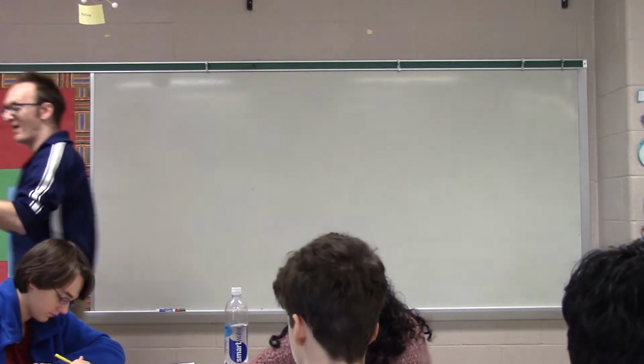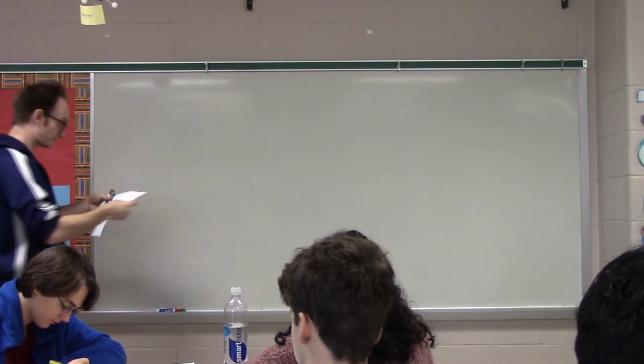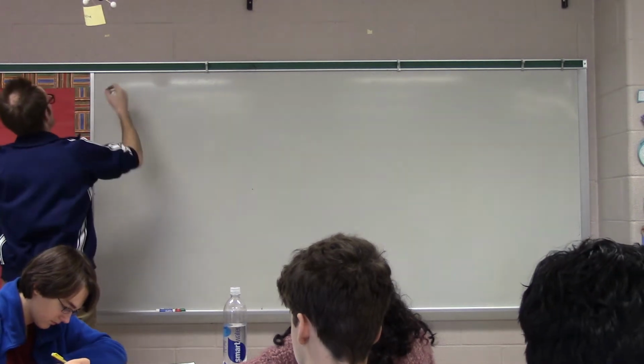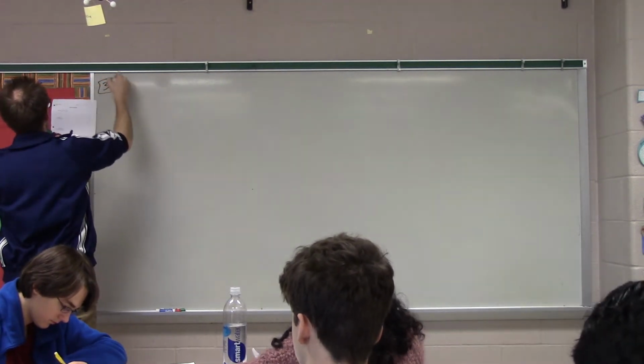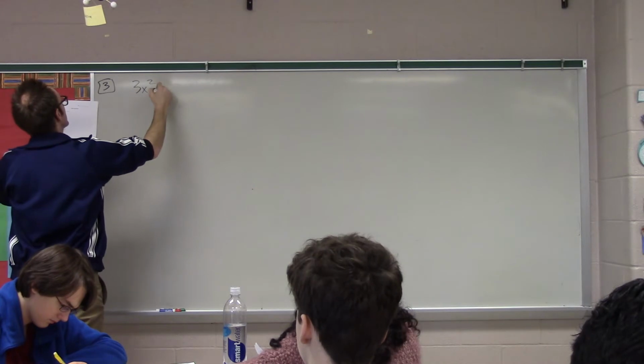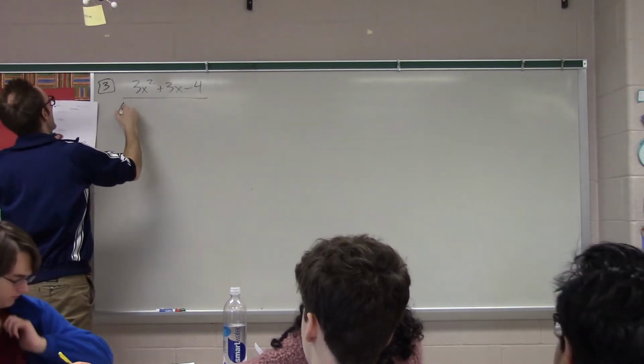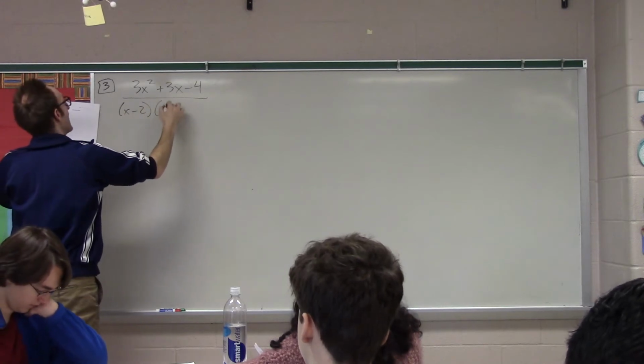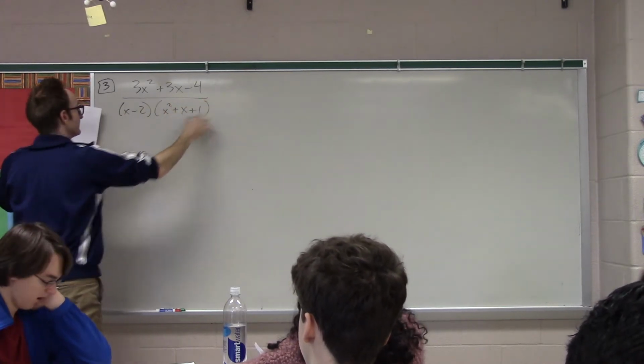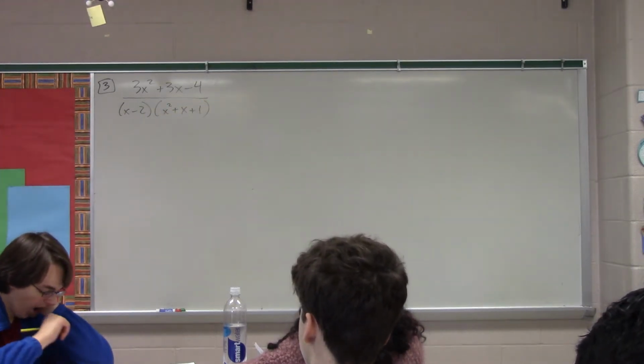So, look at the very next problem. Number 3: (3x squared plus 3x minus 4) over (x minus 2)(x squared plus x plus 1). Okay, what do you notice about this problem?